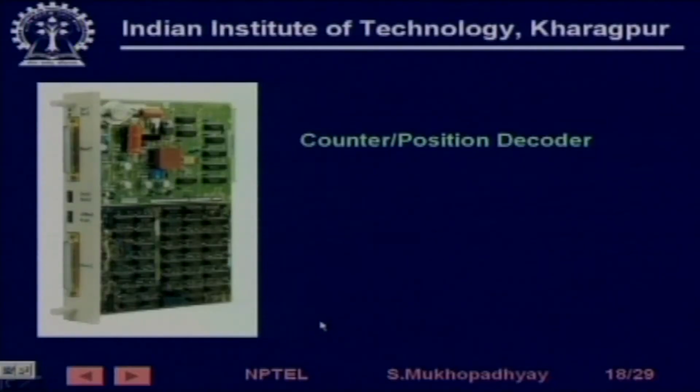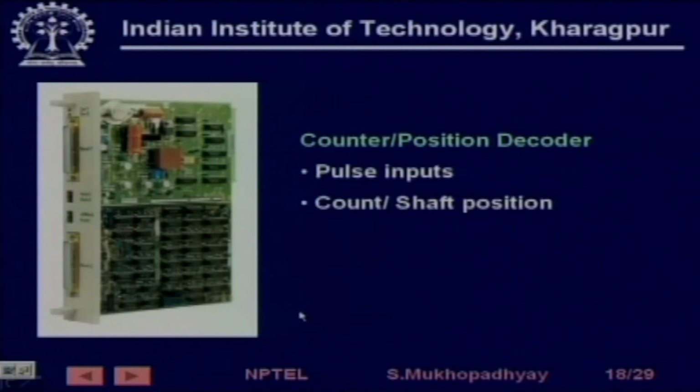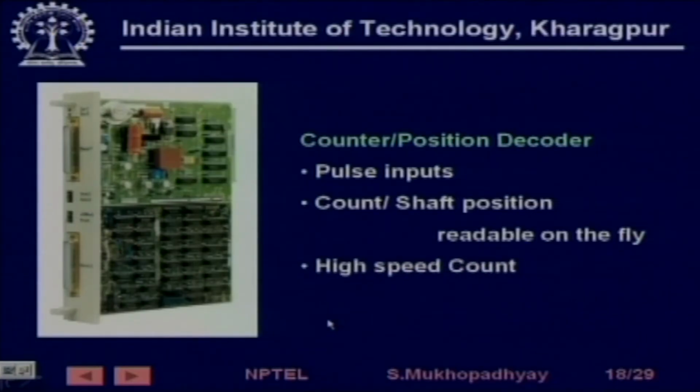This is a counter position decoder. Most counter modules can easily be used for this, because position decoding is often done by counting the shaft angle encoder pulses coming over a certain period of time, since every pulse means a certain small angle rotation. If you want a shaft angle position decoder, it is basically counting pulses.